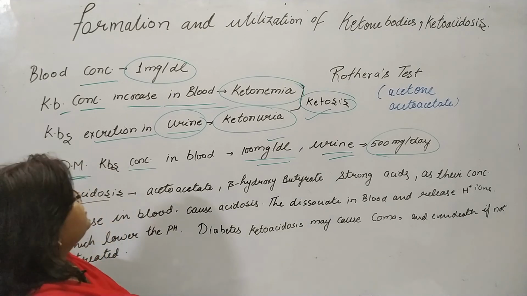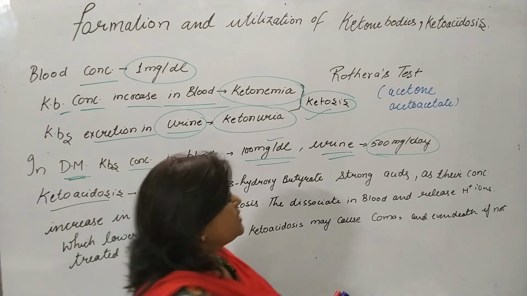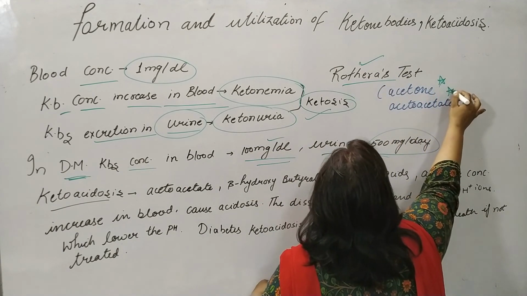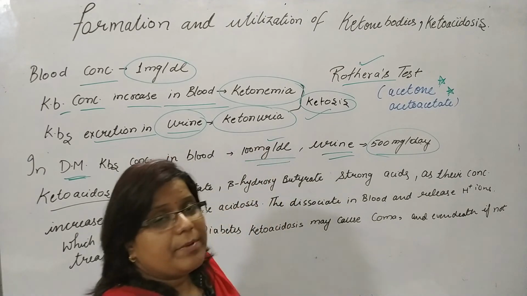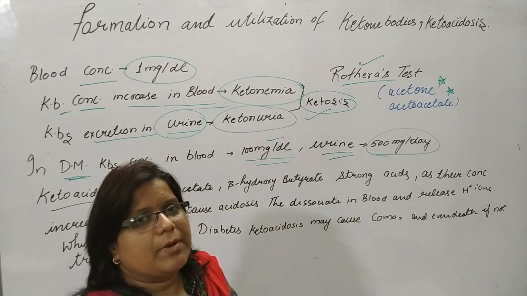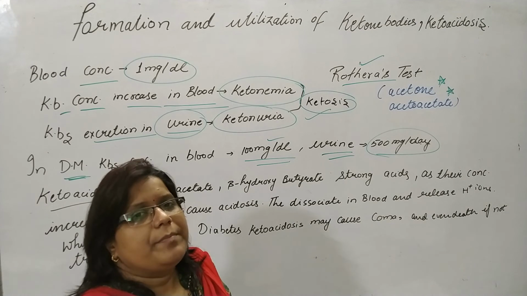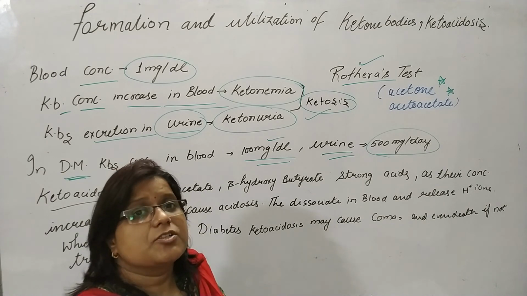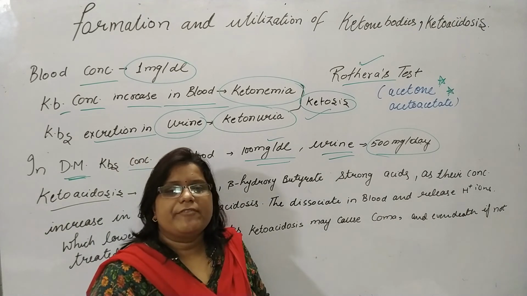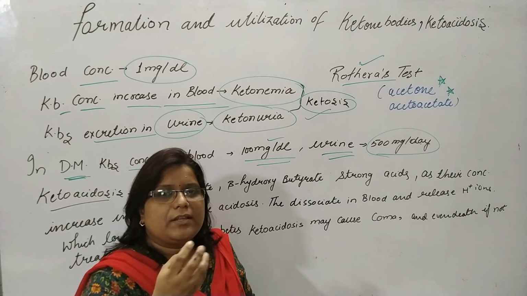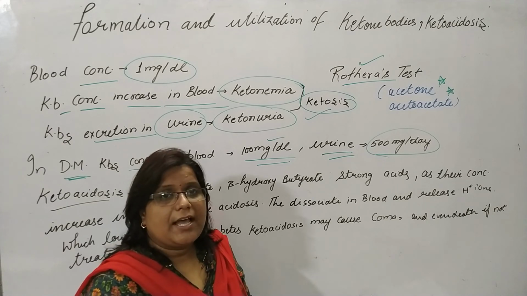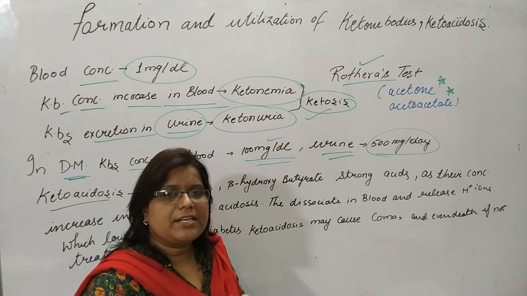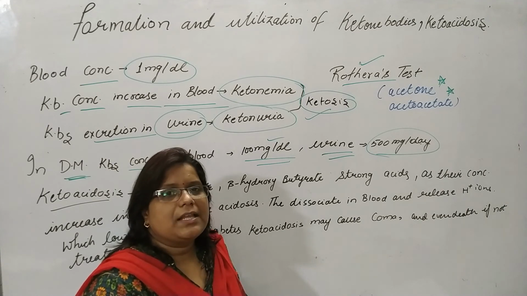So how can we detect the ketone bodies? There is one test, the Rothera test. In the Rothera test, acetone and acetoacetate can be detected, but beta-hydroxybutyrate cannot. If ketone body formation is in excess in the patient, the breath also has a fruity smell due to acetone, as we have just studied that acetone is volatile in nature and is excreted by the lungs.